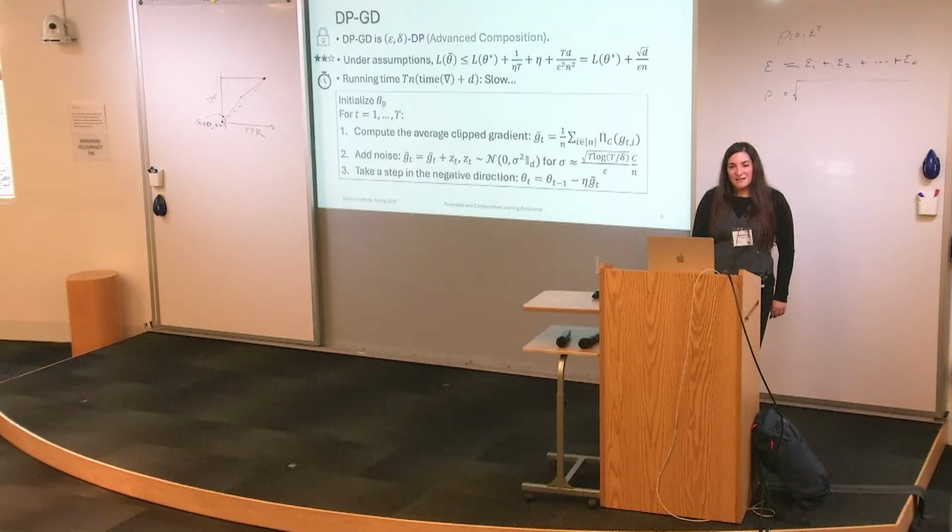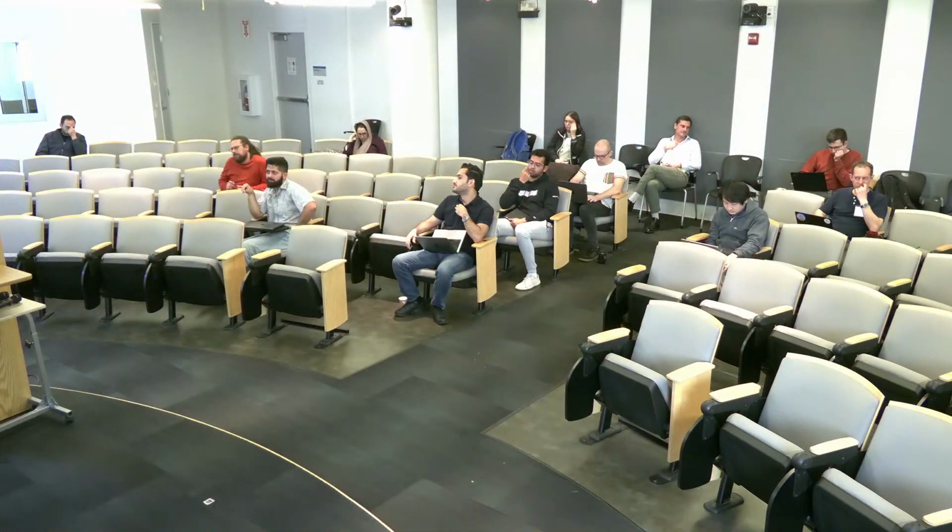Okay, then my second question was, when you're adding this noise to g bar t in step 2, does it make sense to exploit that you are actually reducing gradient terms over time? Because you're getting closer to the optimal solution? Or you want to use a constant clipping based bound and then you can't get anything better?